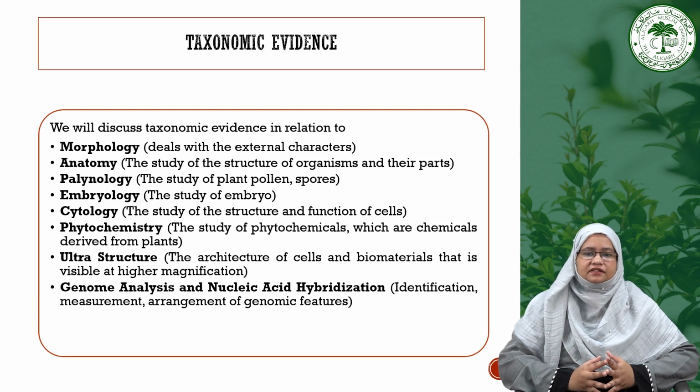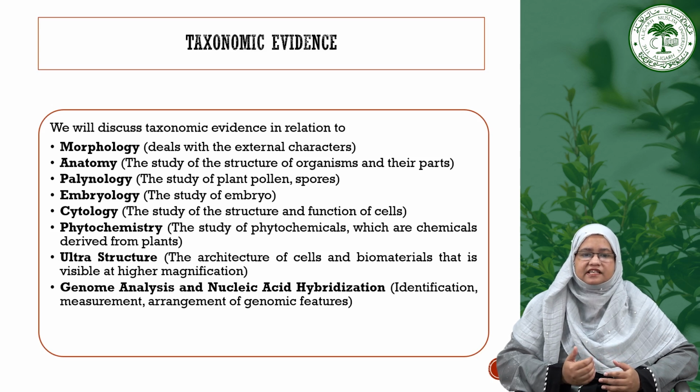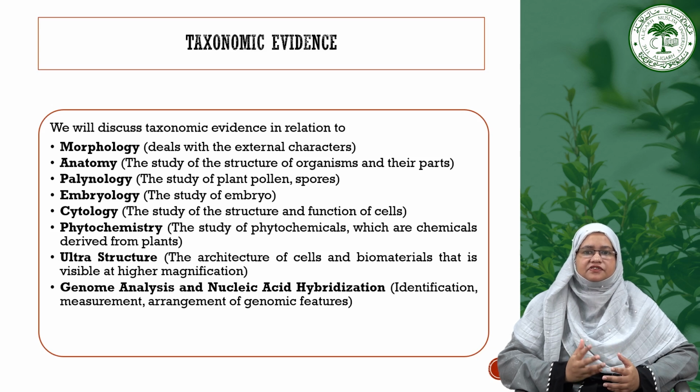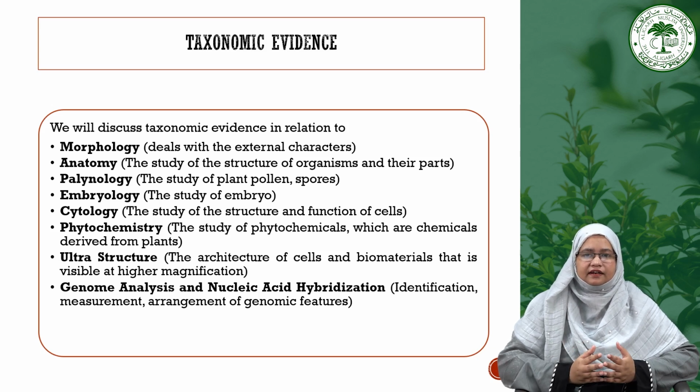Then ultrastructure, that is the architecture of cells and biomaterial that is visible at higher magnifications. And lastly, genome analysis and nucleic acid hybridization. These also help in the identification, measurement and arrangement of genomic features, and they help quite a lot in phylogeny. These are some evidences that we will study in detail in our later lectures.